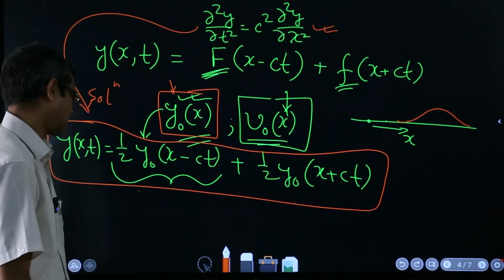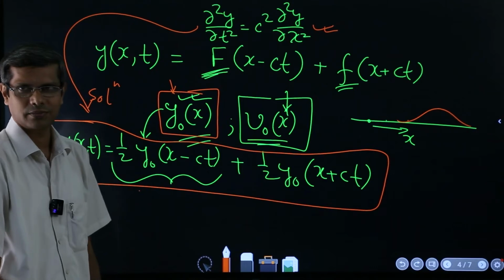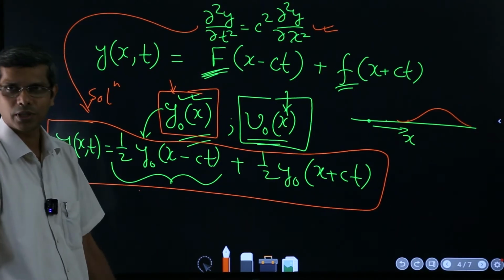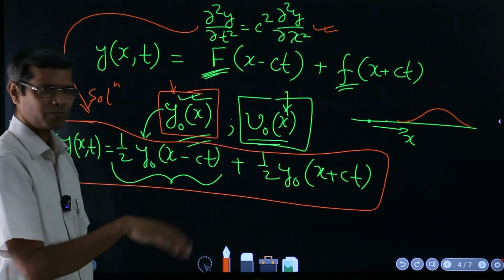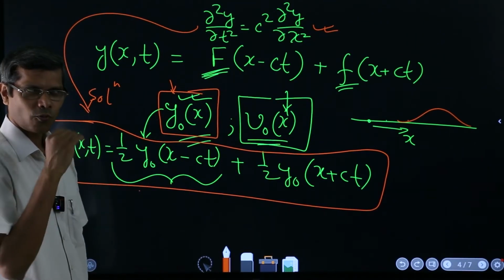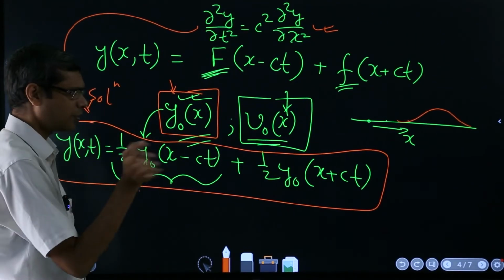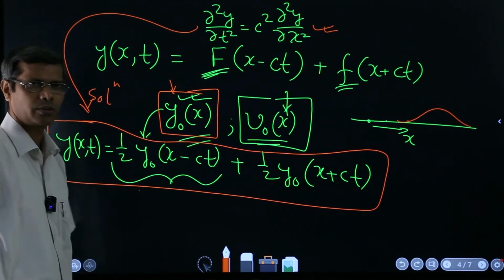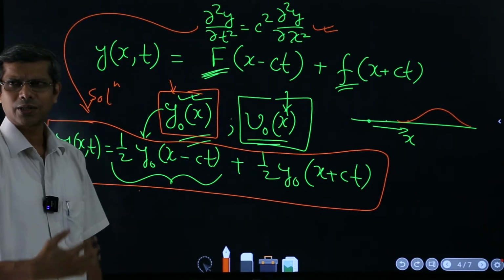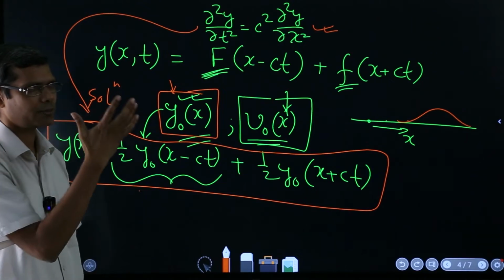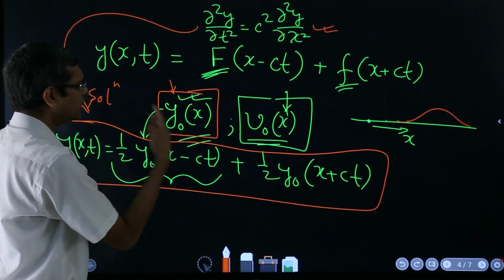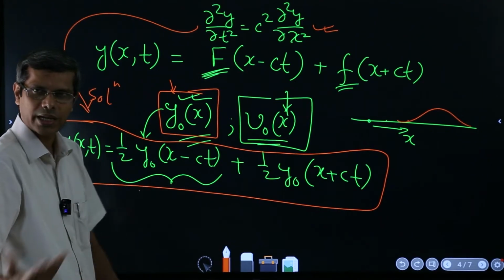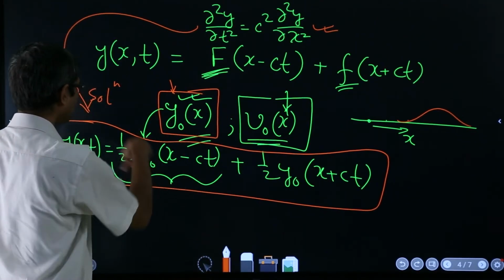It means that the shape which I gave just got split into two parts. One part moved rightward, one part moved leftward. So mathematically the English gets translated into maths like this.